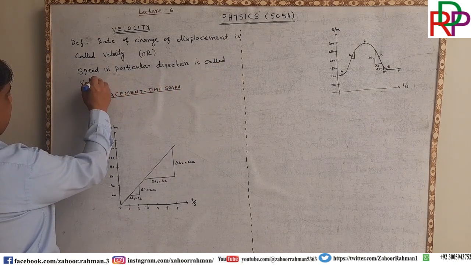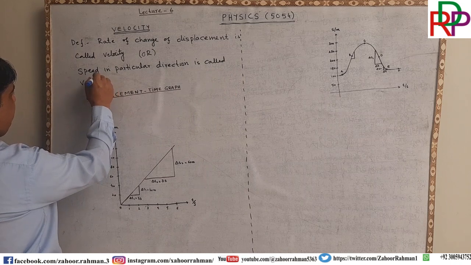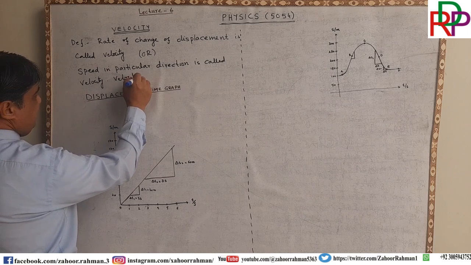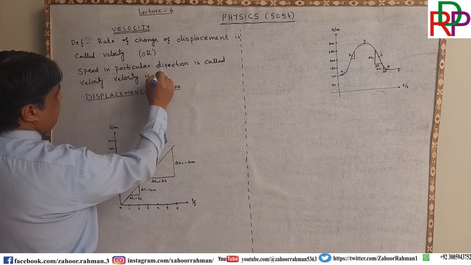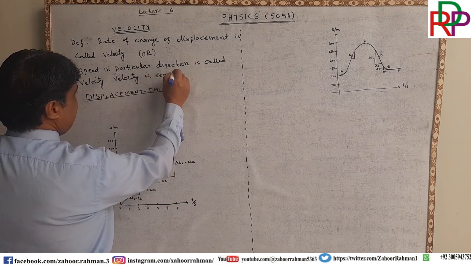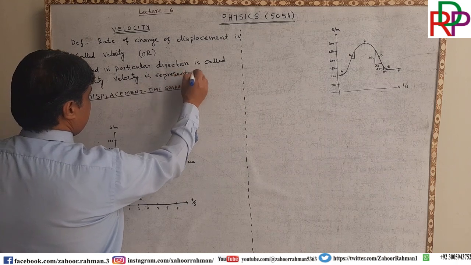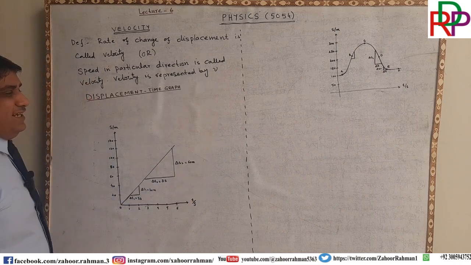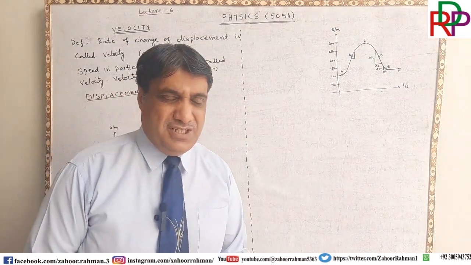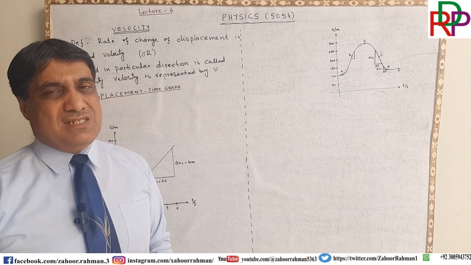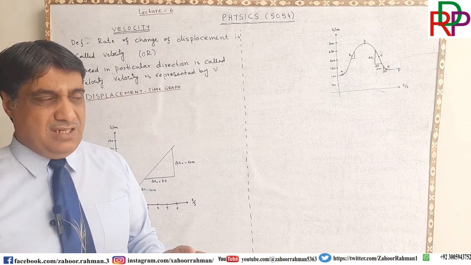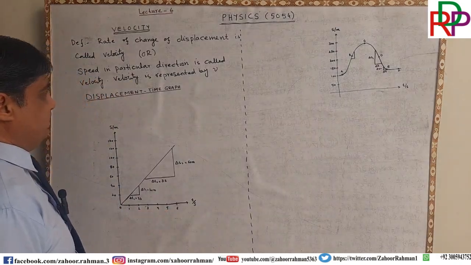Yes, this is also a perfect definition of velocity. Velocity is represented by small v, and it is a vector quantity. It means that velocity must have a direction.